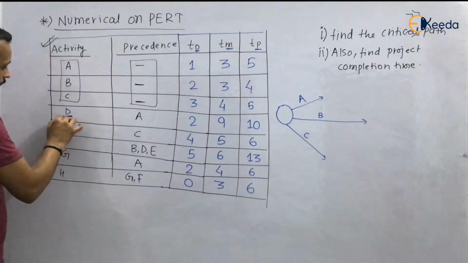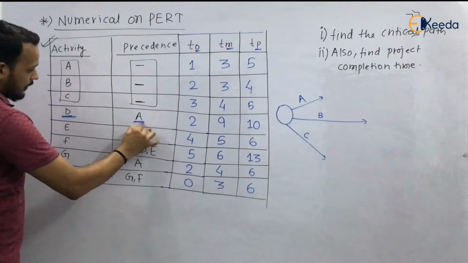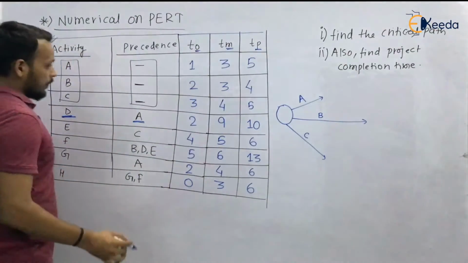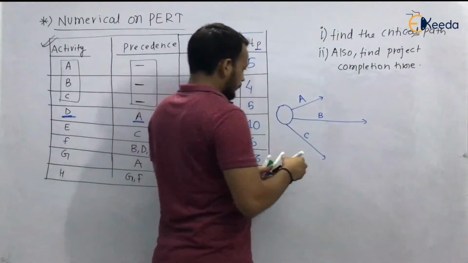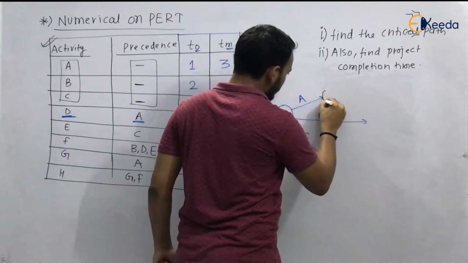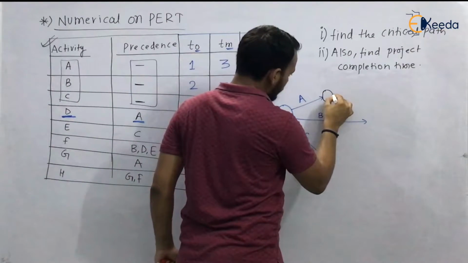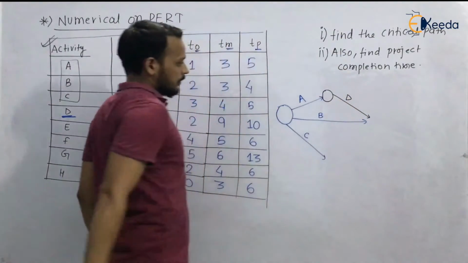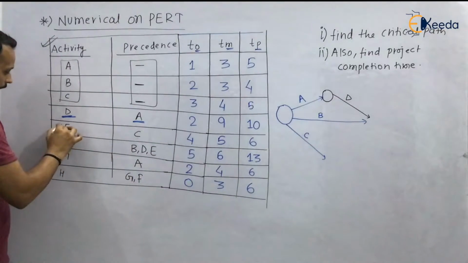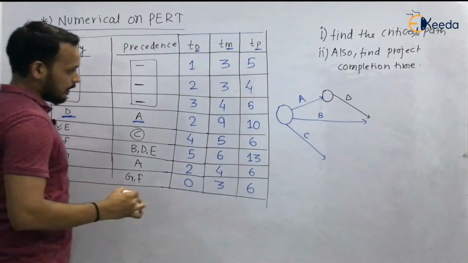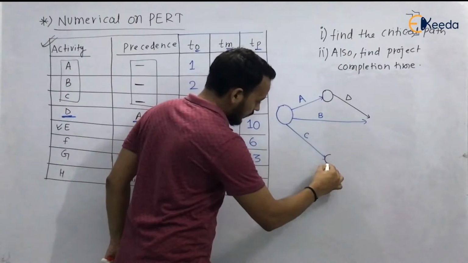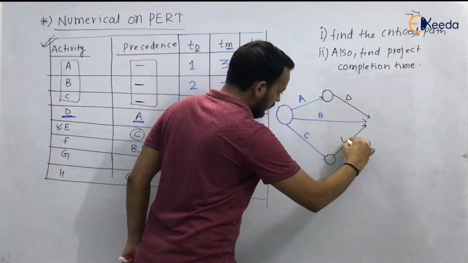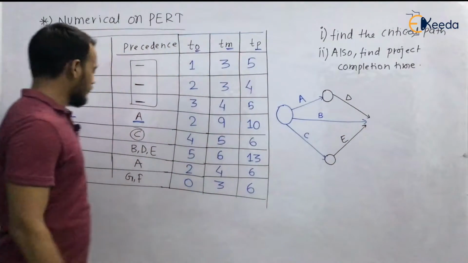Now D. For activity D, the precedence is A. So draw activity D from where A has been completed. Now look at activity E. The precedence is C. Activity E, and the precedence is C.